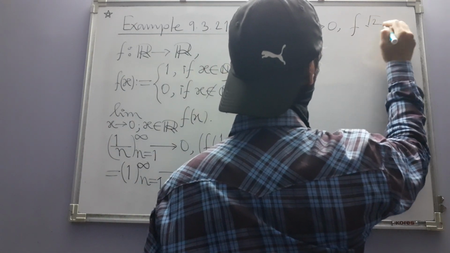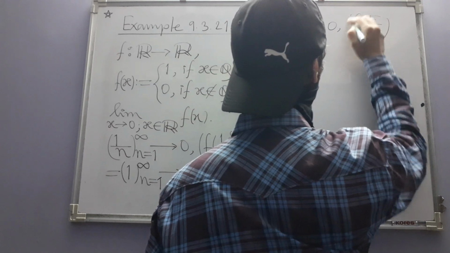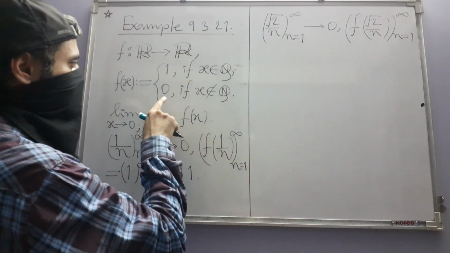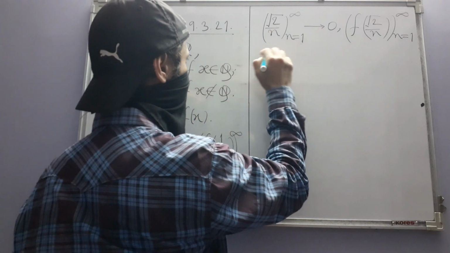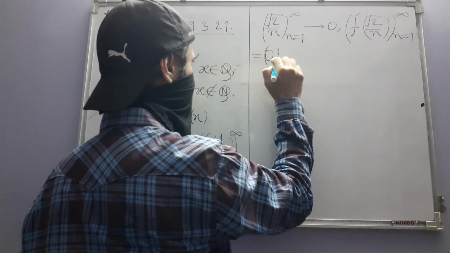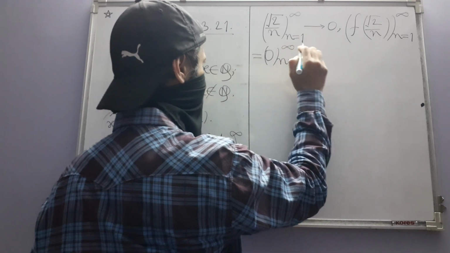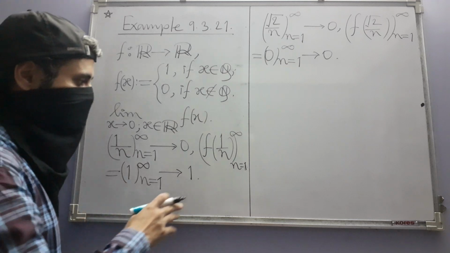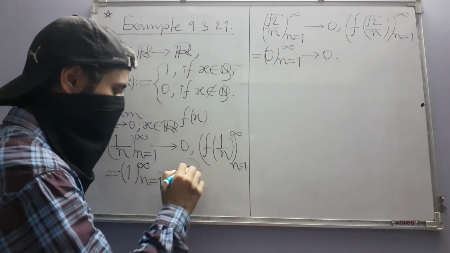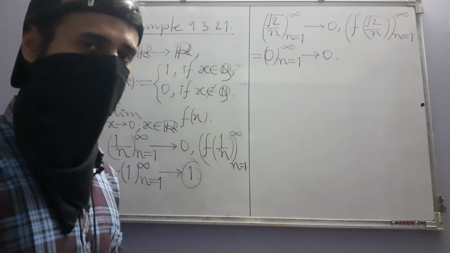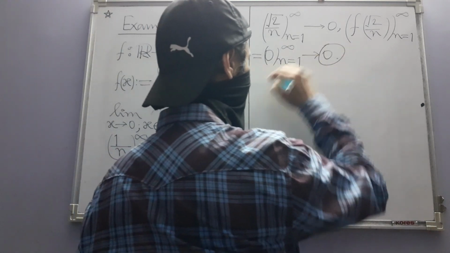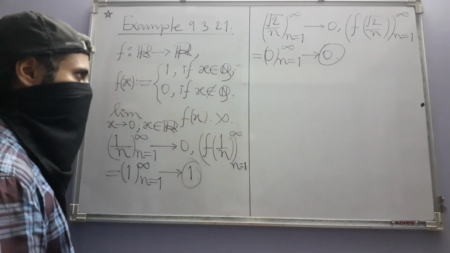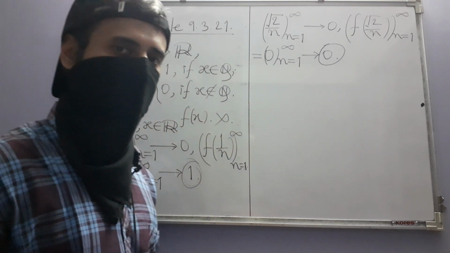So the functional values will give you the constant sequence 0, and that definitely converges to 0. So two different sequences give us two different points to which the functional value sequences are converging. So that's why by proposition 939 the original limit does not exist. And that's how this section ends.